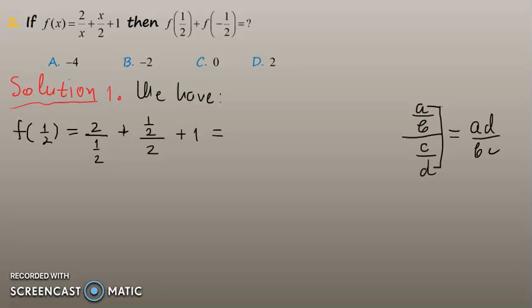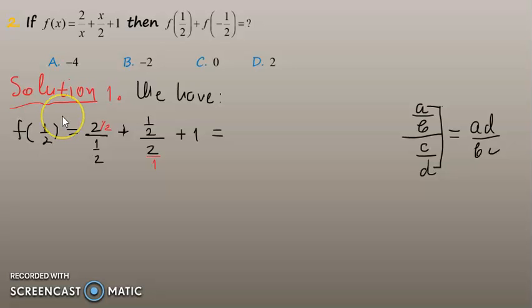Actually, the product of the outer terms over the product of the inner terms. Now, here we are imagining 1. So 2 over 1. Here also we are imagining 1.